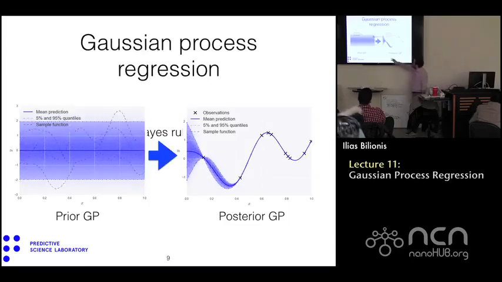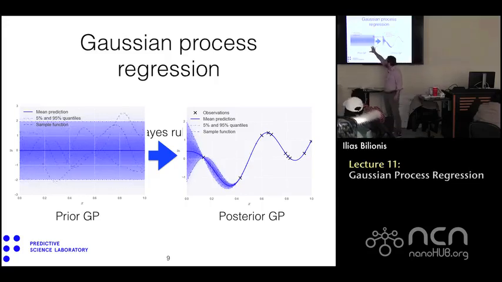So on the left, you see your prior Gaussian process, which is supposed to be what you think about this function before you see any data. And here, the assumptions that we have encoded are the following. First, the function I'm looking for is infinitely differentiable. It has derivatives up to any order you like, and they're all continuous. That's the first thing we have encoded here.